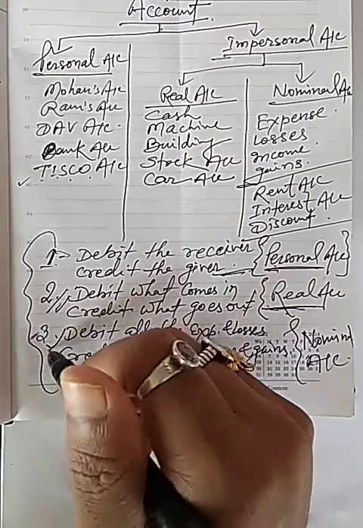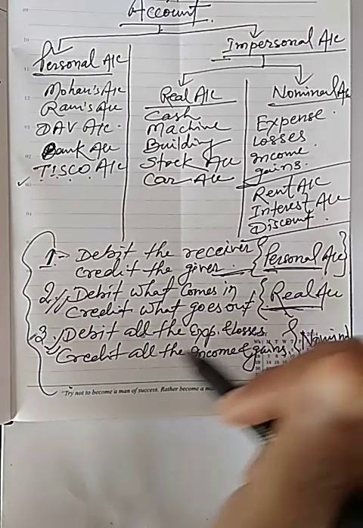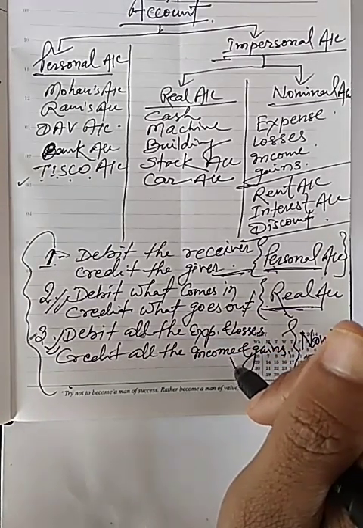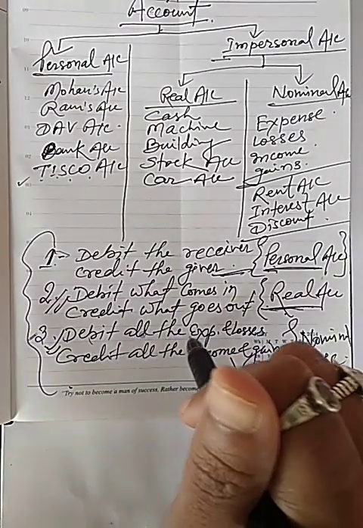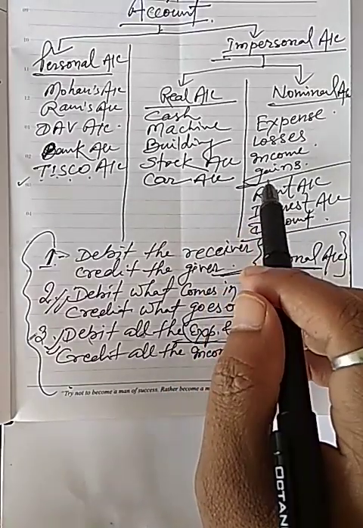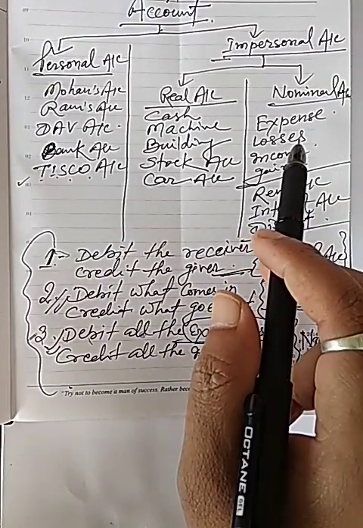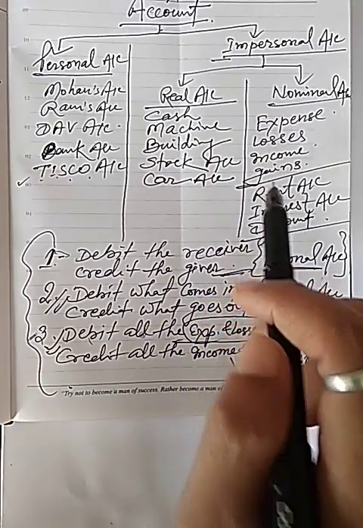Now the third rule is debit all the expenses and credit all the income and gains. We will debit all the expenses and losses because nominal accounts include expenses, losses, income and gains.